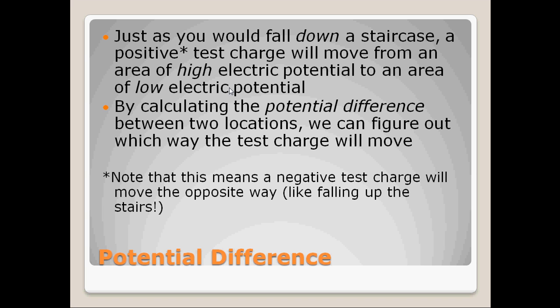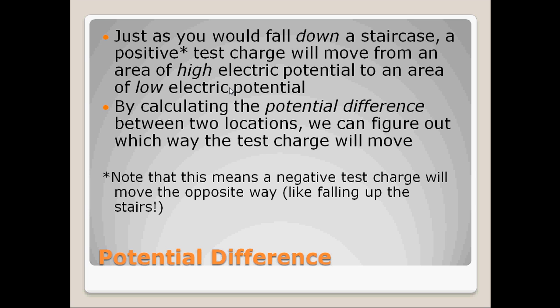Now, this is useful in and of itself, but where it gets really useful is when we start being able to compare the electric potential of two different locations. As an analogy, if you were standing on a staircase and started to lose your balance and you were going to fall, the way that you fall depends on which way is going to give you the location of lower gravitational potential energy.